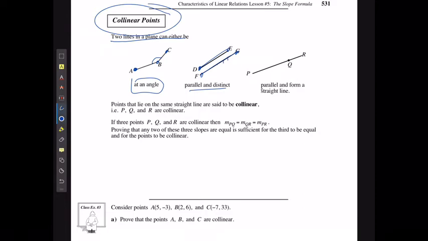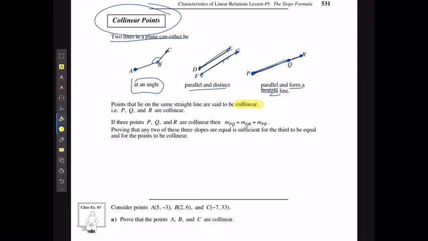Or you can have ones that are parallel and form a straight line, which means that they have the same slope no matter which points you go between. We call these collinear because it means that they're all part of the same line.